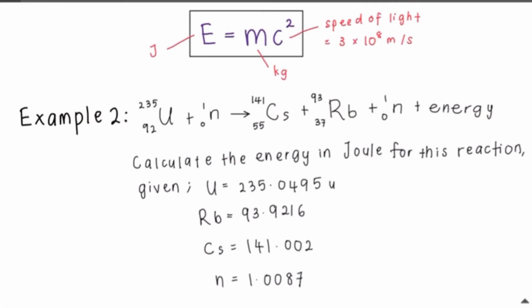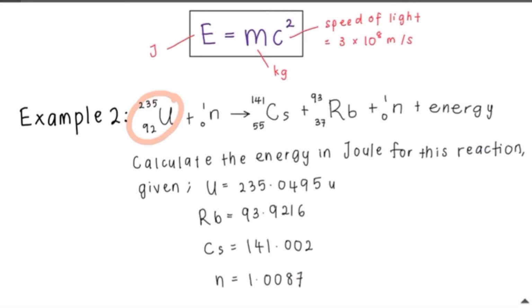This question involves a nuclear reaction, or what we call nuclear fission, because this single large nucleus, which is uranium, splits into 2 or more smaller nuclei, as you can see in this question. The question is: calculate the energy in joules for this reaction.